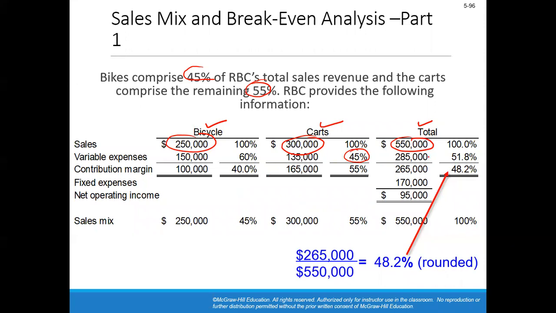But in total, the variable expense is 51.8% of sales, which gives a contribution margin of 48.2% in total. What we are doing here is rounding up the contribution margin for products in total for getting the break-even analysis.